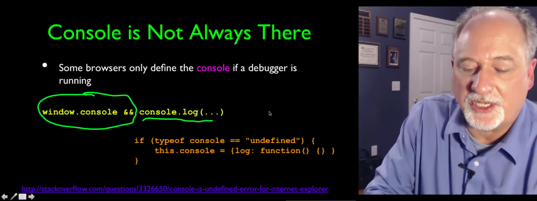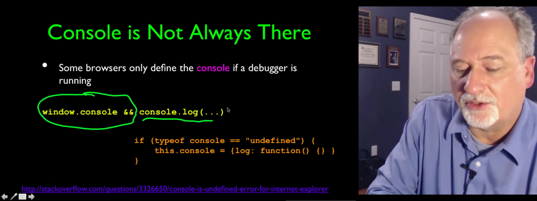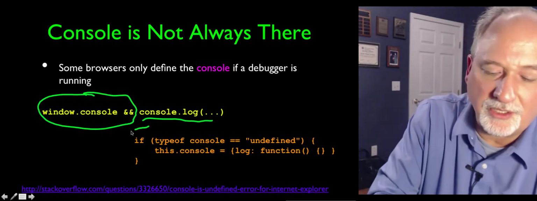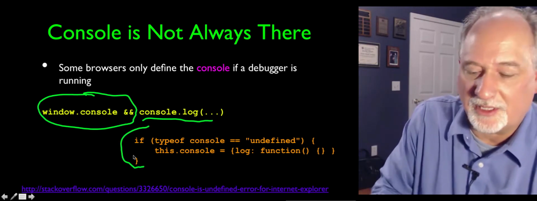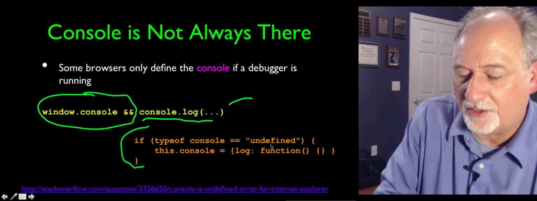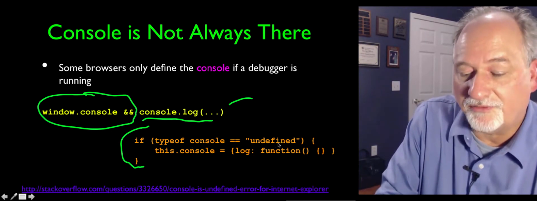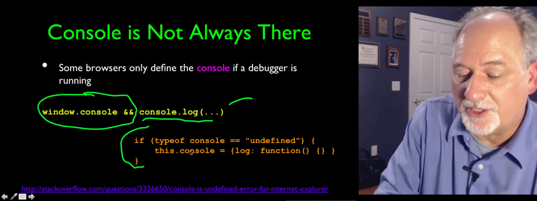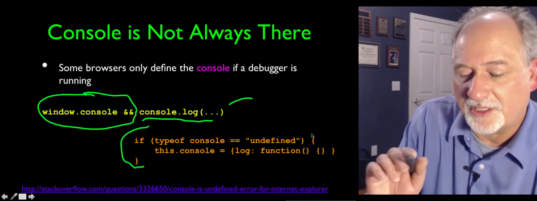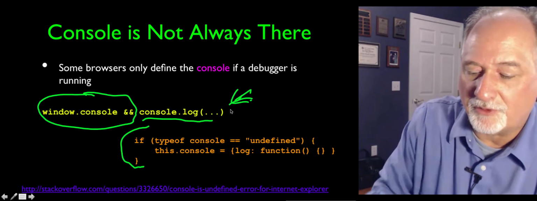This is just a real succinct way of saying that, window.console and console.log. You can look up all kinds of ways to deal with console.log. This is my preferred way to do it, but you can also, if the console variable doesn't exist, set that up and set a log function, but this is my favorite way to do that.